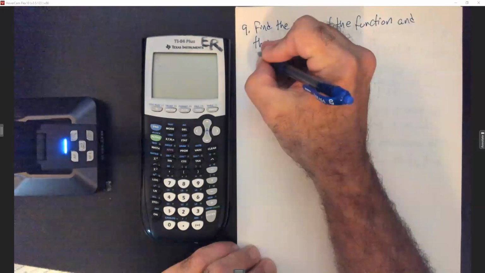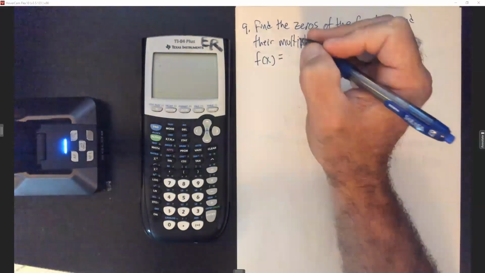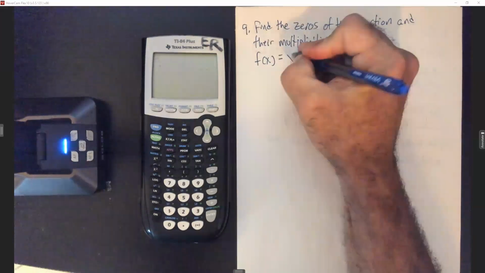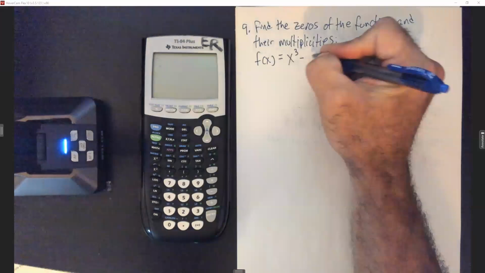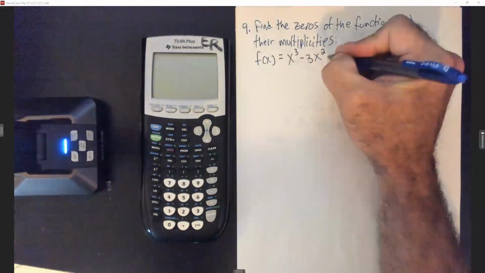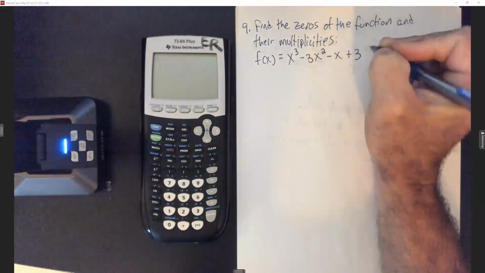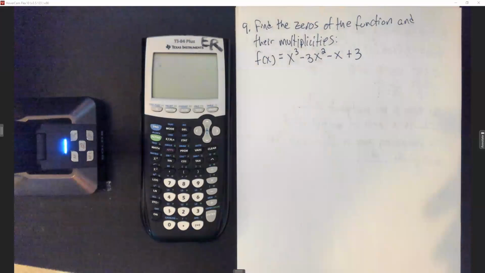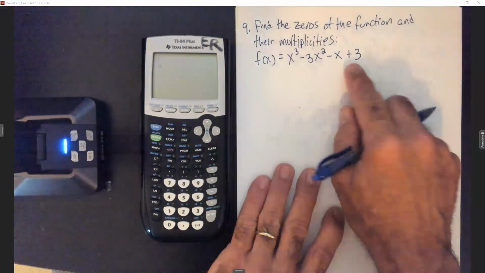F of x equals x to the third minus 3x squared minus x plus 3. So to find the zeros of this 4-term polynomial, I'm going to set this thing equal to 0.